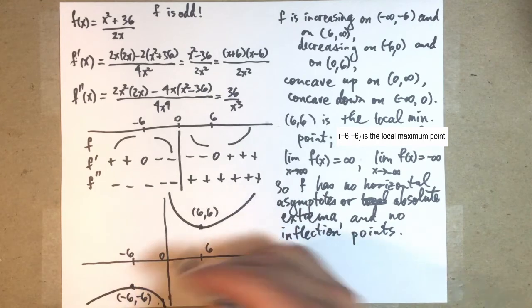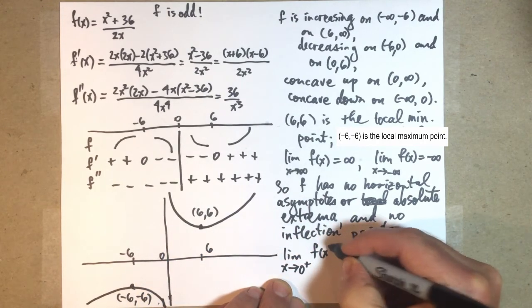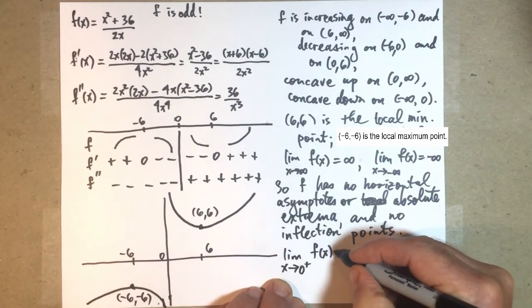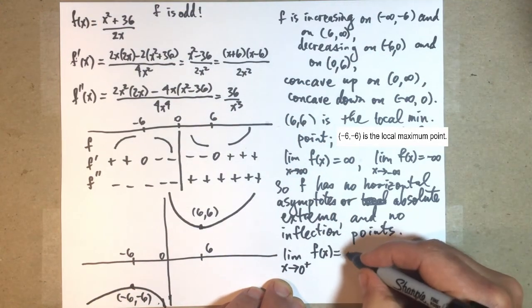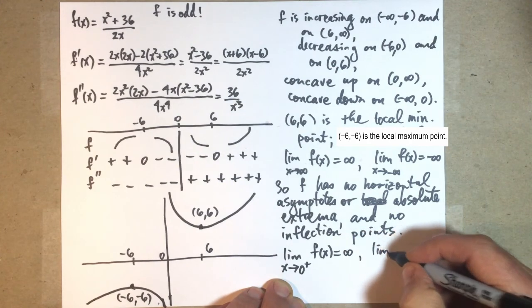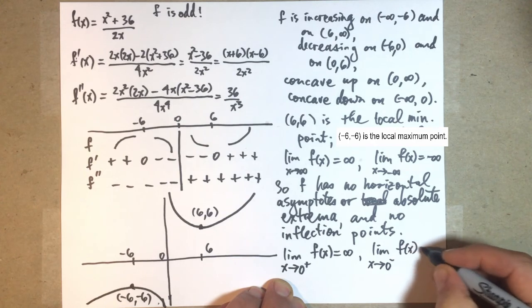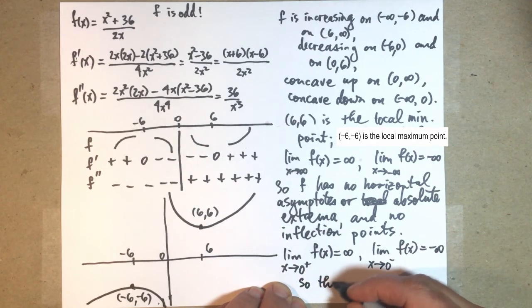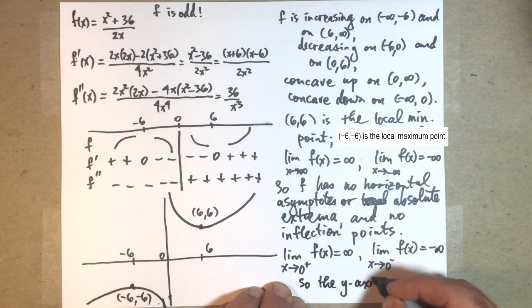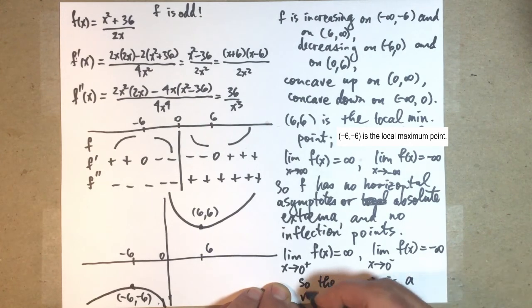We have a vertical asymptote. So you check by these limits. Limit as you approach 0 from the right. Again, from elementary consideration of limits. And on the other side, so the y-axis, the line x equals 0, is a vertical asymptote, the only one.